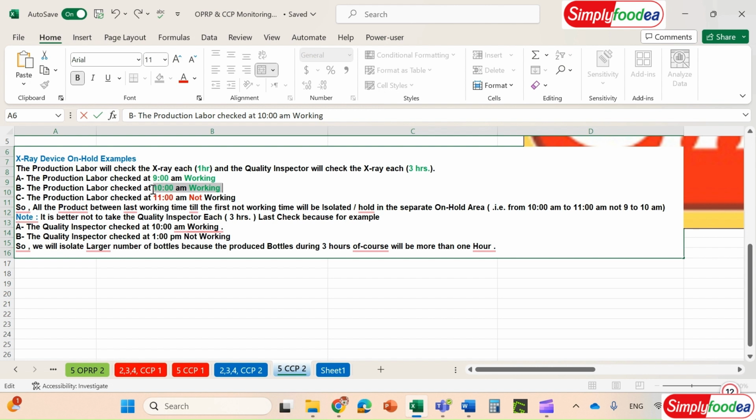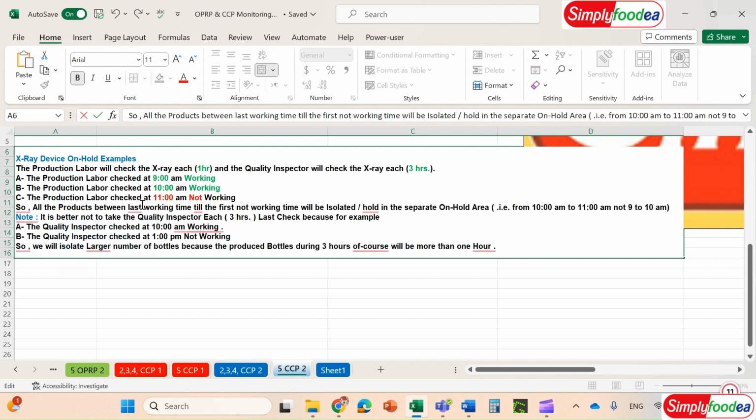So I'm putting the product on hold until the last time the device was properly working. Okay. So all the product on hold will be from 10 a.m. to 11 a.m., not from 9 to 10 a.m.